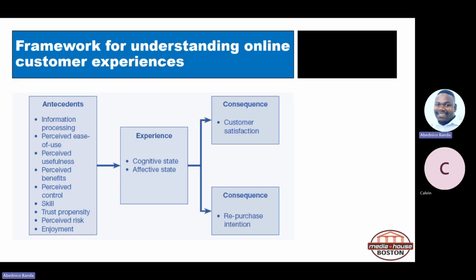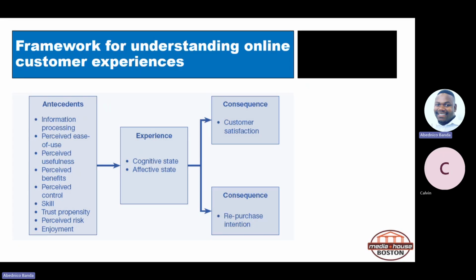Then how do we use the 8 antecedents to build customer experience? Of course, you know that those 8 antecedents do have an impact on what your thoughts are, meaning what is on your mind, which is cognitive state.